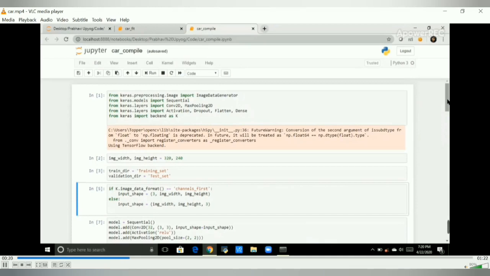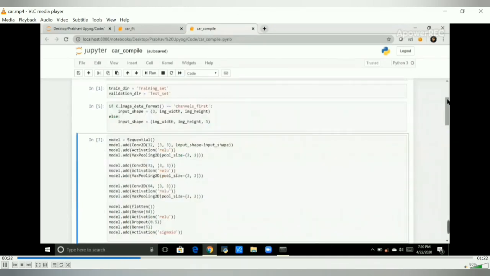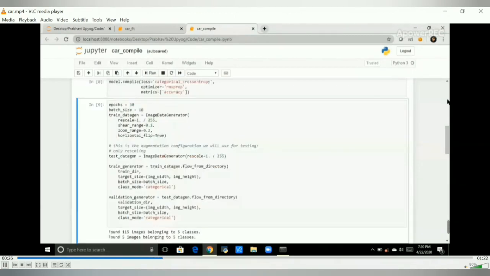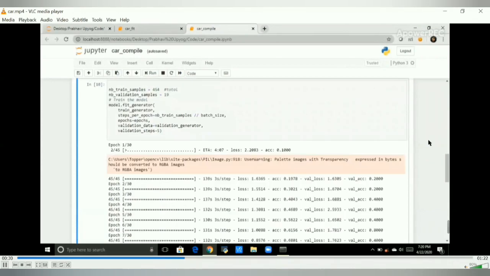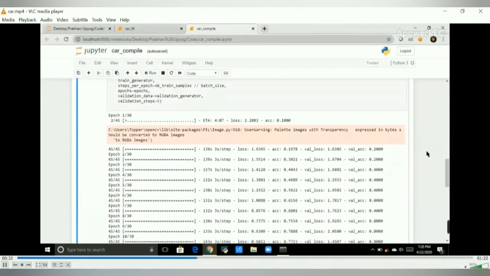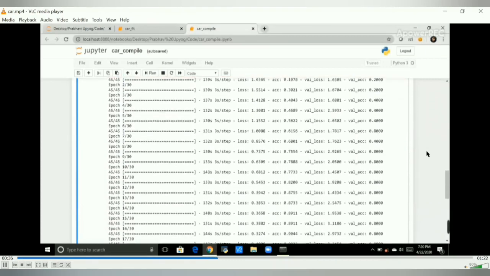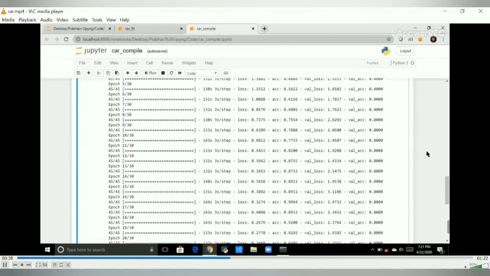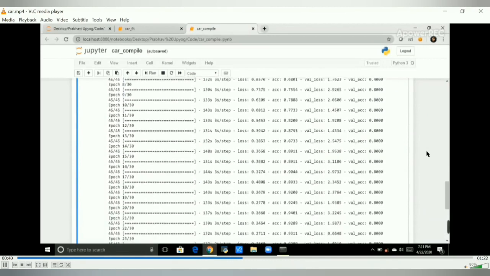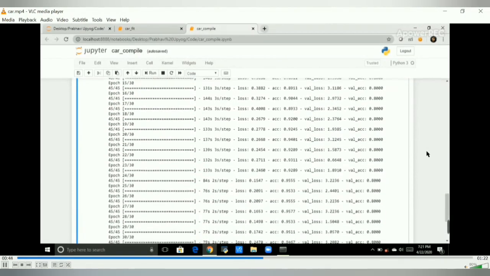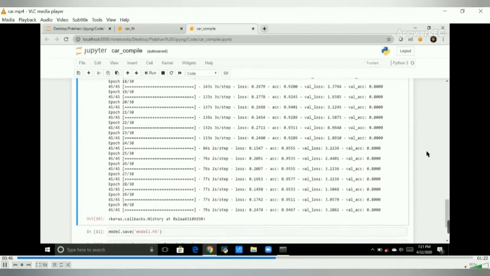The training data set is used to train the network, and it gives output in the form of epochs, starting from epoch 1 to 30, as we have assumed epoch equals 30. At the end of epoch 30, it gives an output accuracy of 0.8000 as shown.